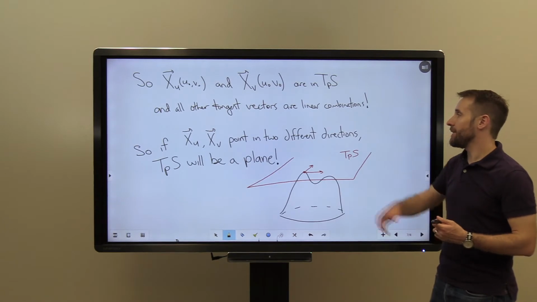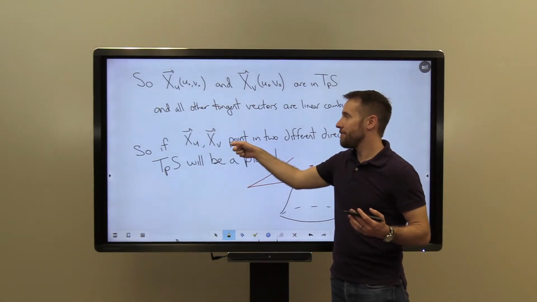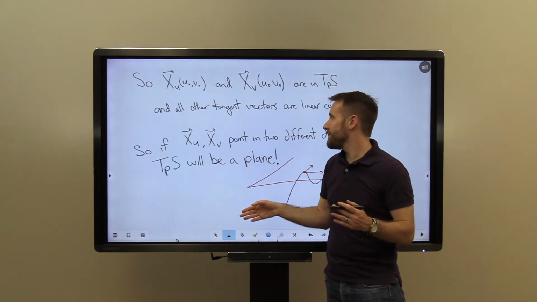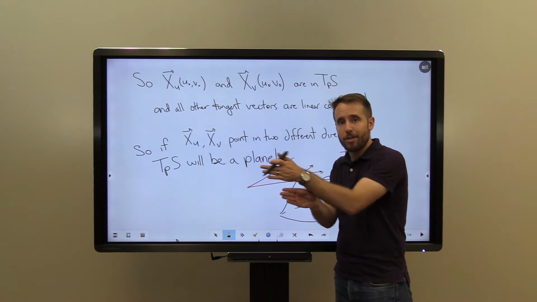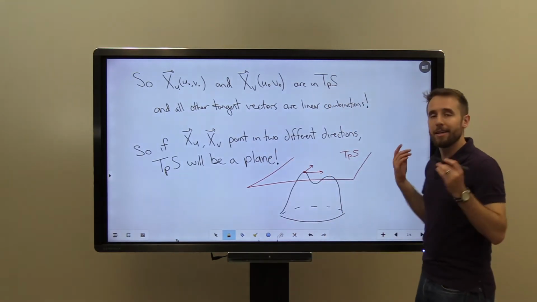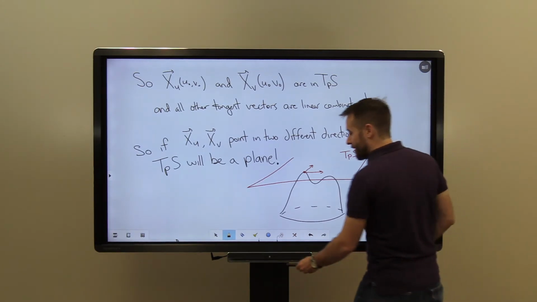And in general, as long as x sub u and x sub v, the two partial derivatives, point in different directions, right, as long as they're not parallel to each other or scalar multiples of each other, then our tangent space will be a plane, and everything will be good.